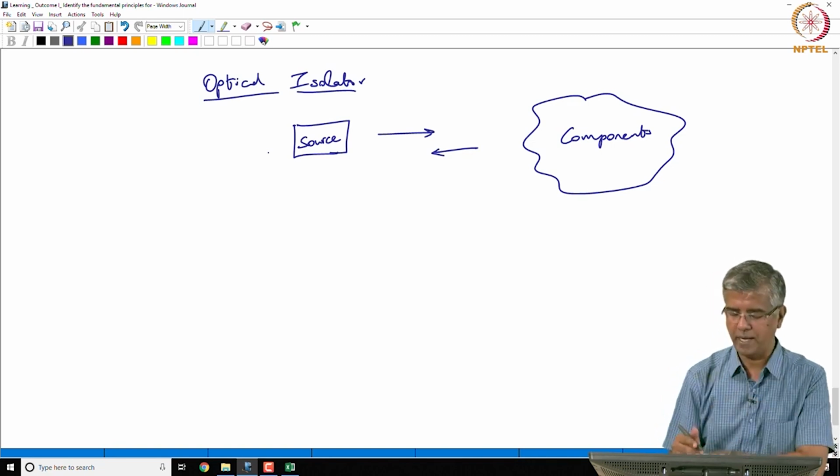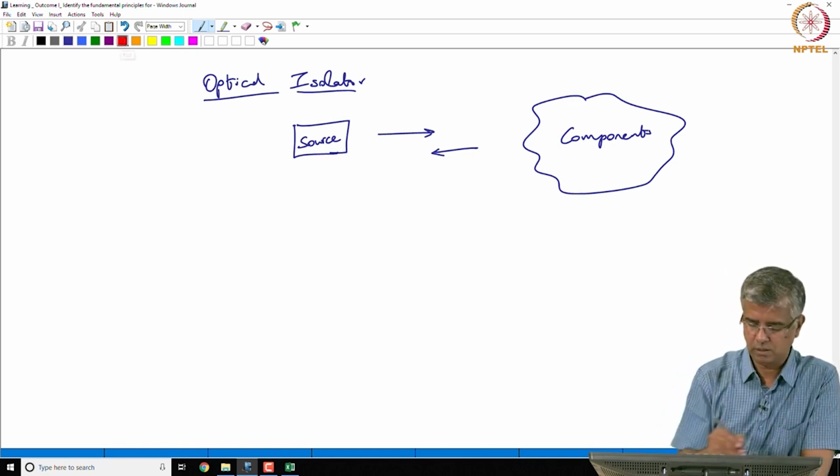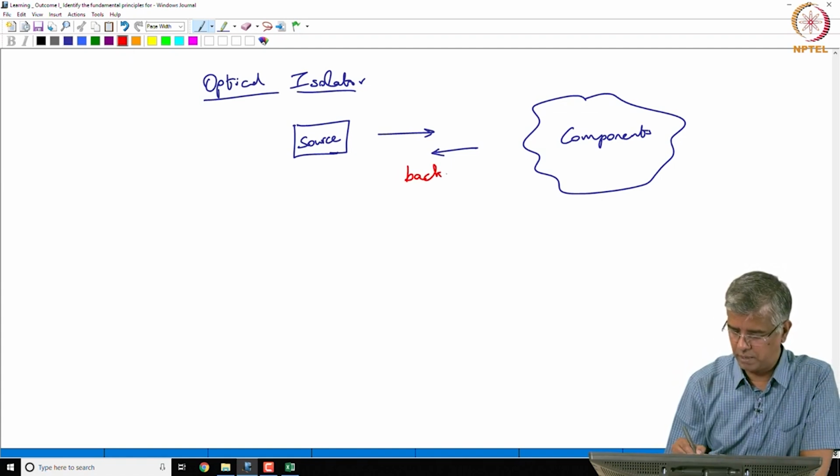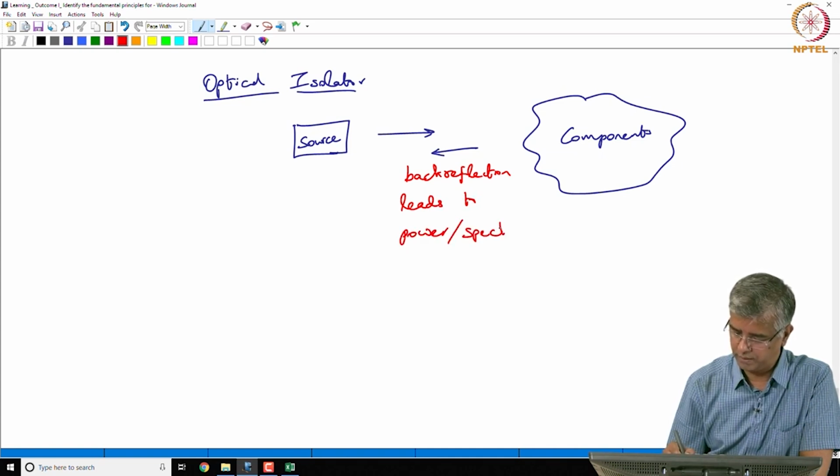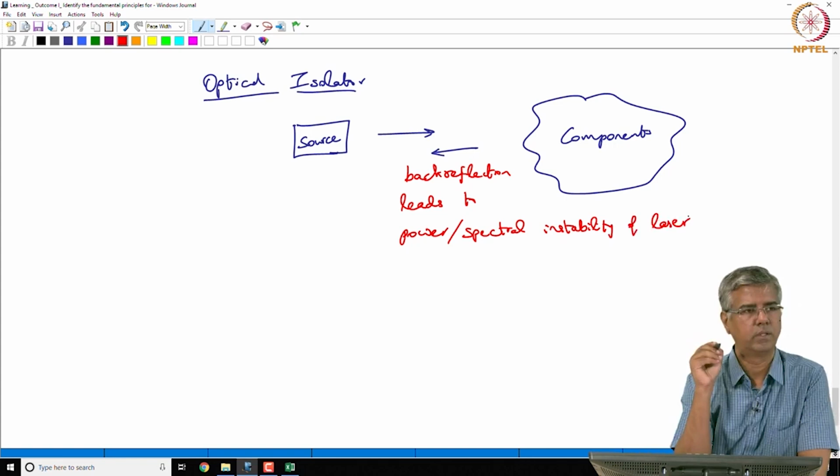Okay. So, this back reflection typically leads to power as well as spectral instability of the laser. Okay.